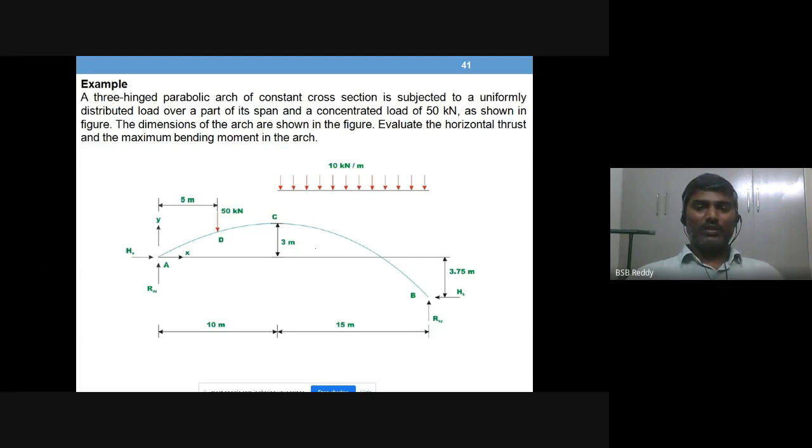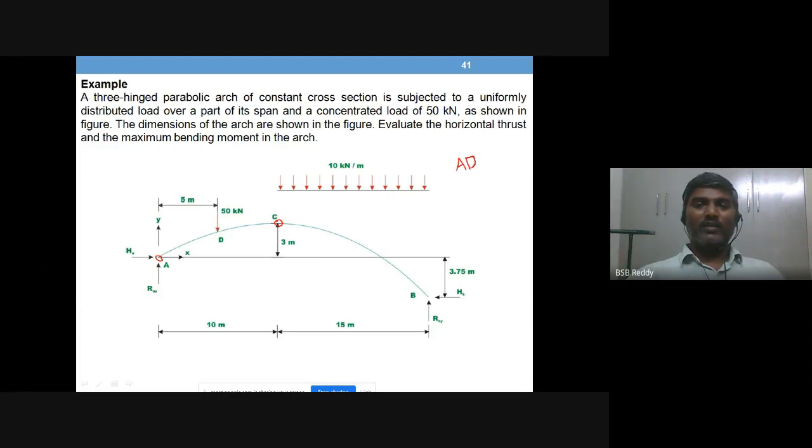Hence you can easily guess that the maximum bending moment is in the region BC. If you want to prove that your guess is correct, in this problem we will see what the maximum value of bending moment is among all the salient regions.